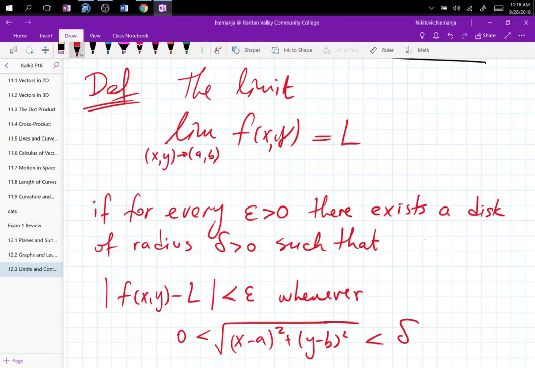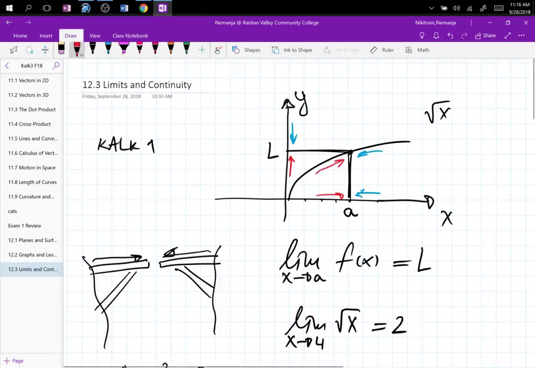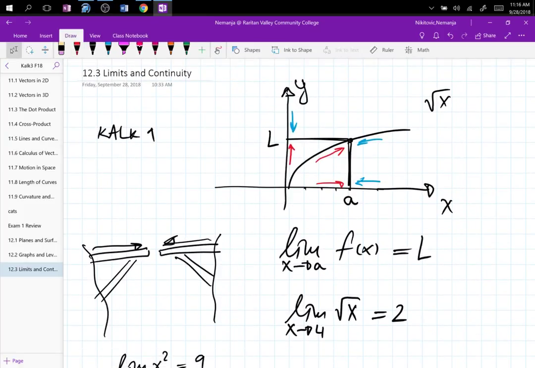And we have now the new idea of a disk rather than a length, because we are no longer on the one-dimensional x input, where I can say this distance is delta and this distance is delta, right?